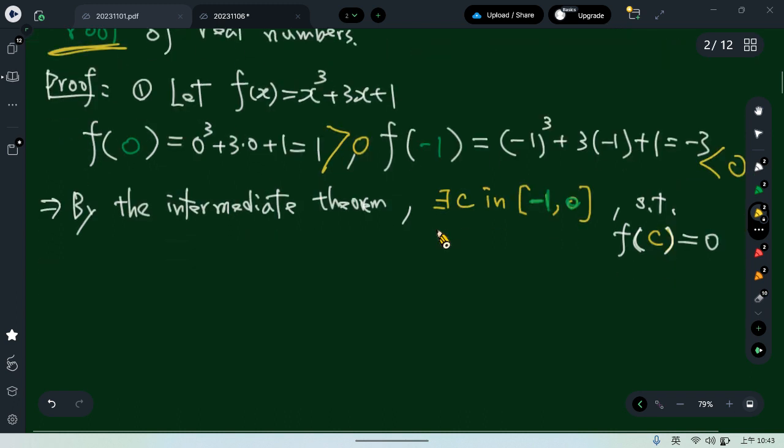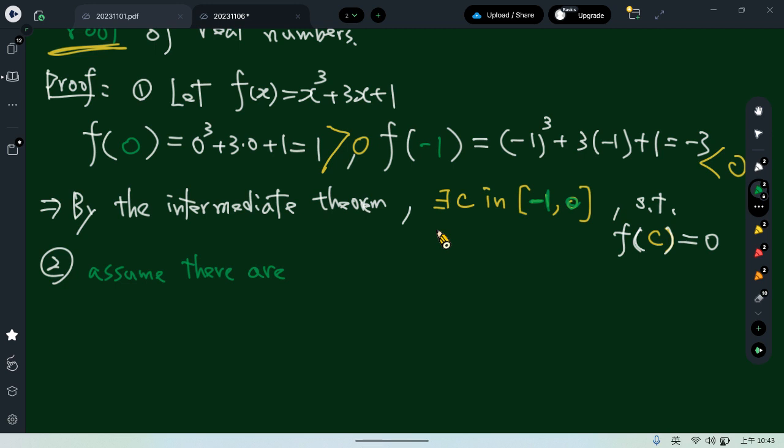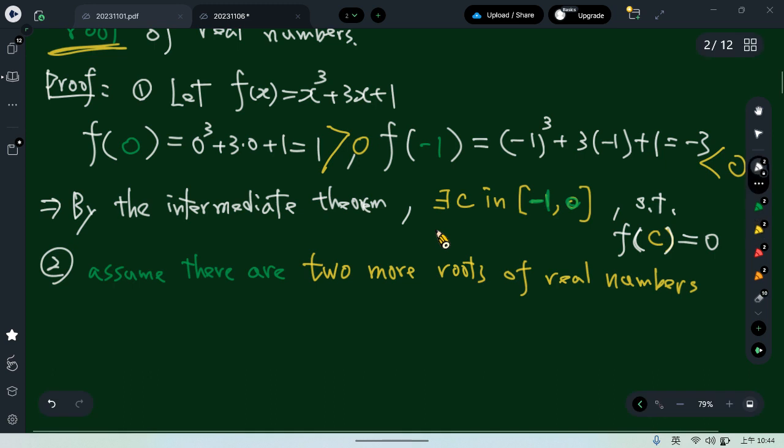Okay? So you need to prove it further. We assume there are two or more real roots.